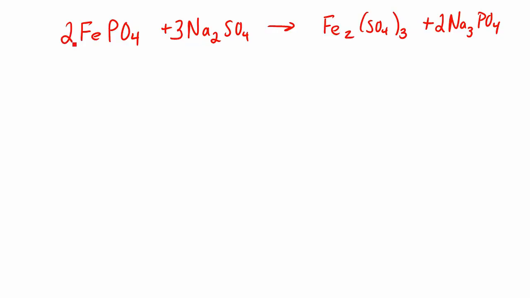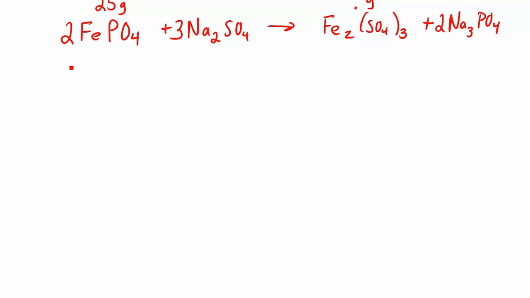Okay, question number 2 says if I perform this reaction with 25 grams of the iron 3 phosphate, and an excess of sodium sulfate, then how many grams of iron 3 sulfate can I make? All right, so it's wanting the mass of this.